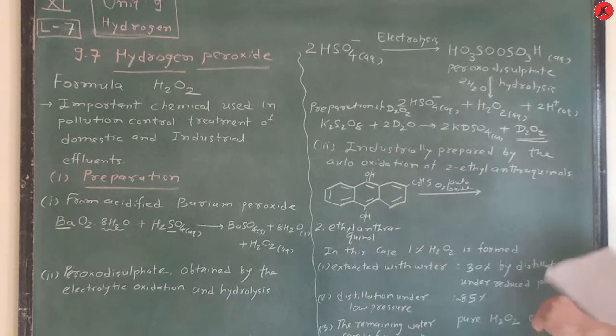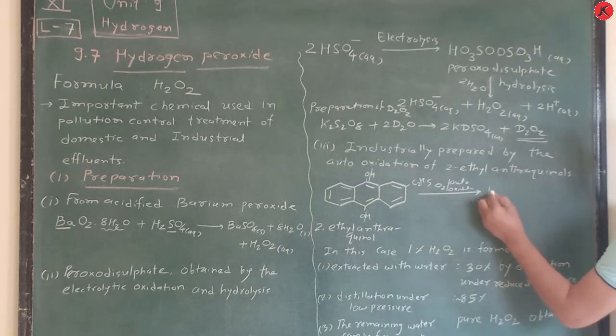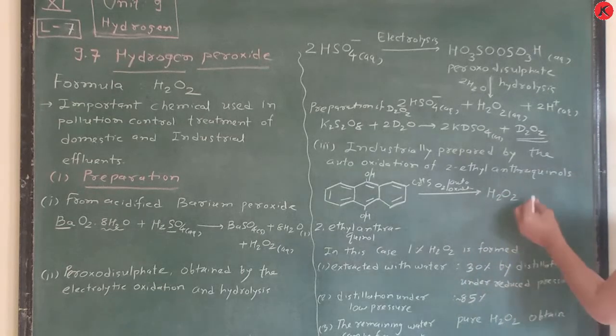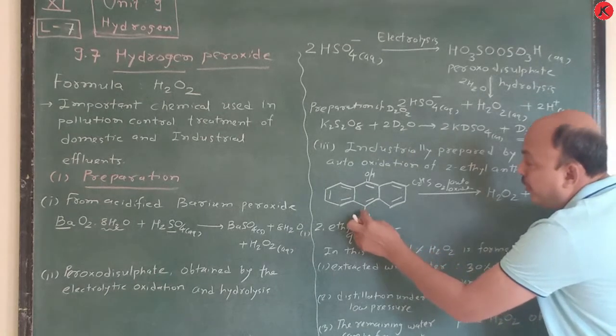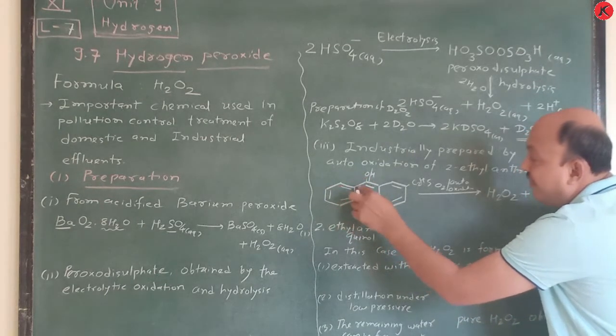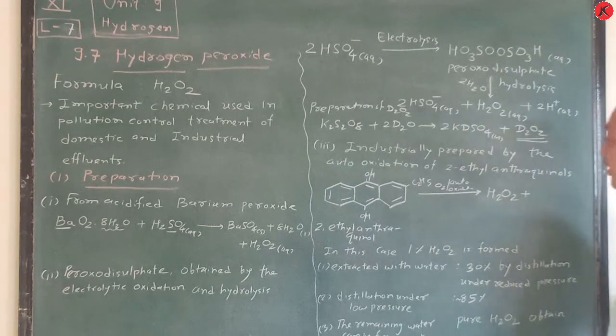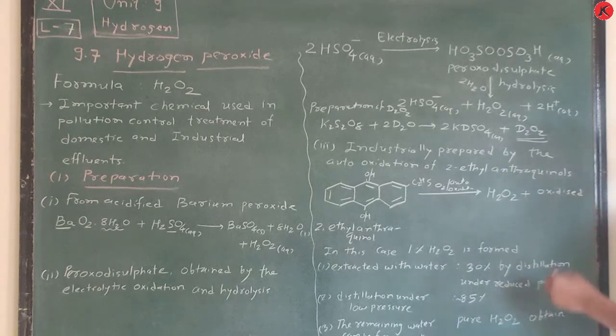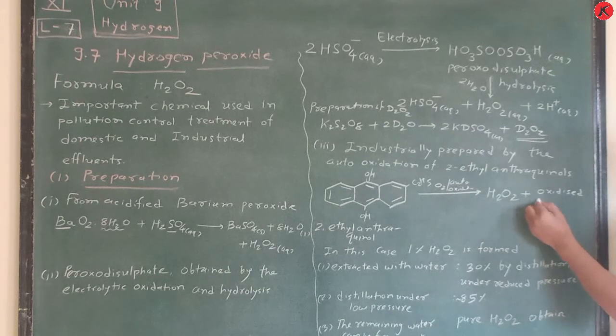Therefore H2O2 is obtained, and this is nothing but hydrogen peroxide, plus our oxidized material, which has double bond O here and double bond O here.